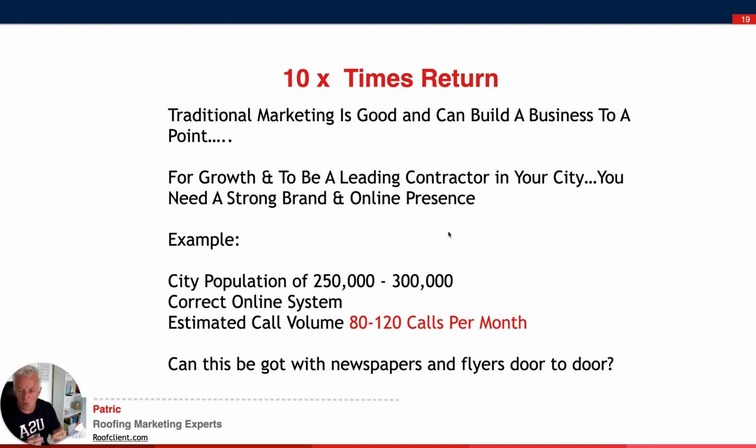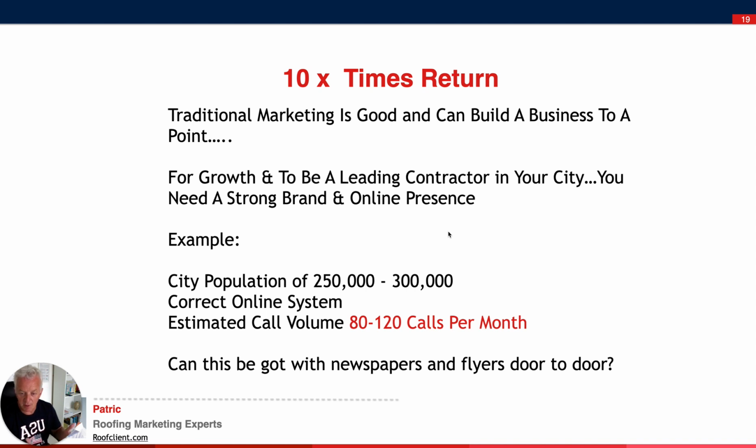But for growth and to be a leading contractor in any city, you need a strong brand and online presence. And when we look at what you're getting for newspaper advertising, like I said, it's not that you shouldn't do it. It's just that as a main source, and I'll show you the numbers here.